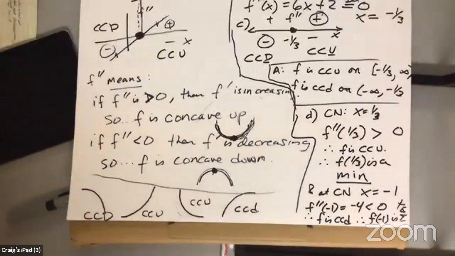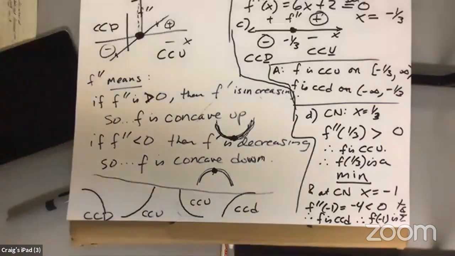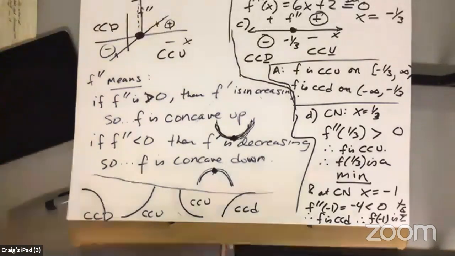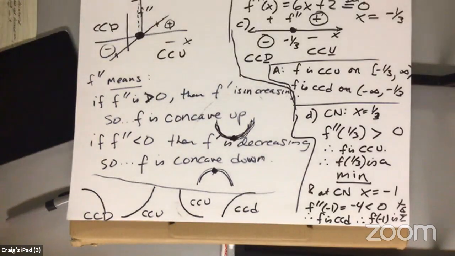Okay, so that's the second derivative test. That's what the second derivative means: it tells you all about the function's concavity, where it's concave up and where it's concave down. The second derivative is like the derivative of the first derivative. So the first derivative tells you where the function is increasing or decreasing, and the second derivative tells you where the first derivative is increasing or decreasing.